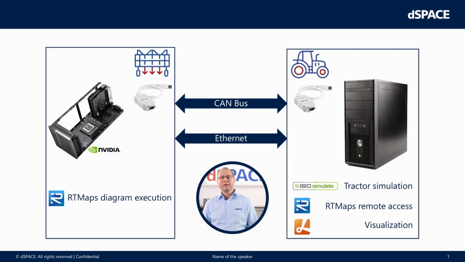This way, we can upload the application from the NVIDIA board to the real ECU without any changes later. The PC and the NVIDIA board are connected via CAN bus and Ethernet bus. The CAN bus is used for ISOBUS communication. Ethernet is used for RTMaps remote access and visualization.